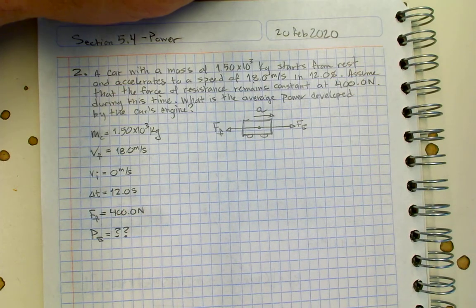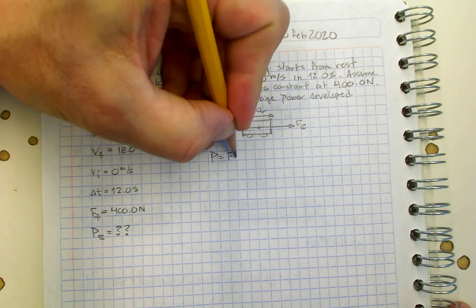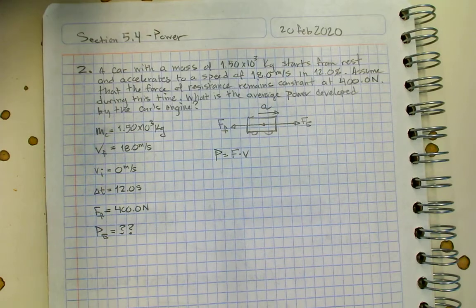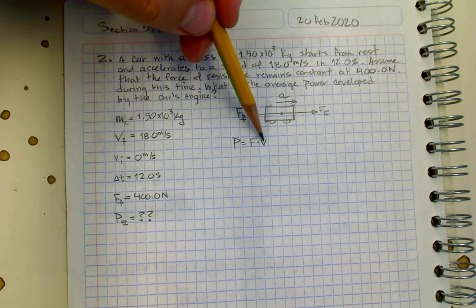One of the relationships that we have for power is P equals F times V. And we need to acknowledge a few things about this equation. You might be quick to just say, we have V. But this V is not a final speed or an initial speed. It's an average speed.